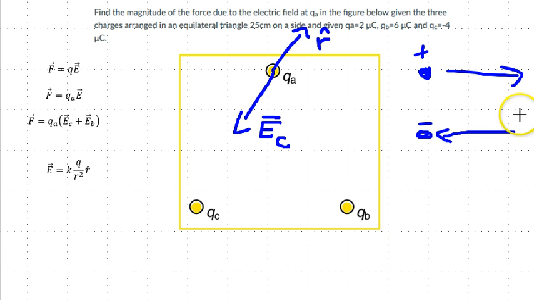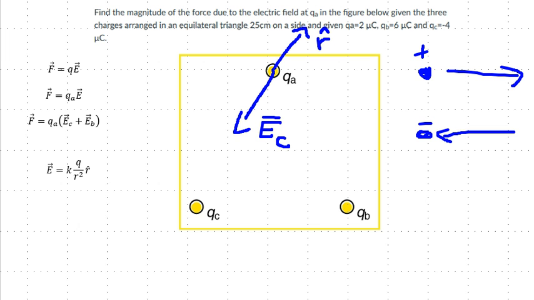So positive charge, electric field points away. Negative charge, the electric field points towards. Okay, so now here we are. EC is going to be pointing from QA back towards QC.